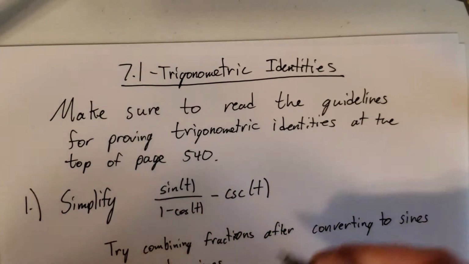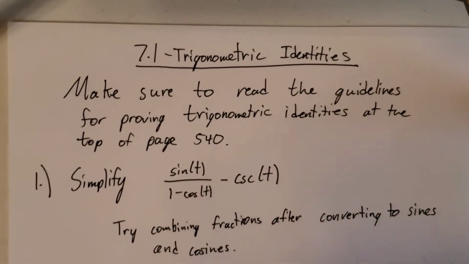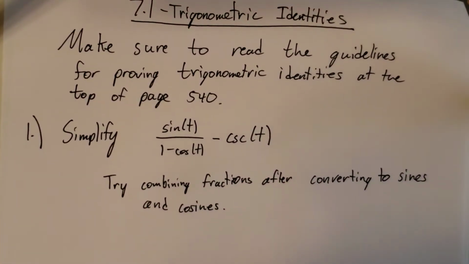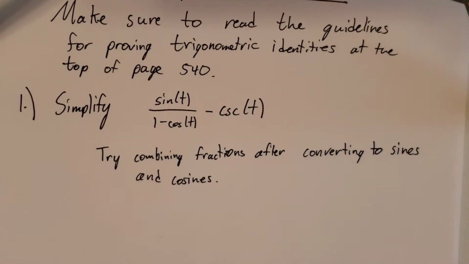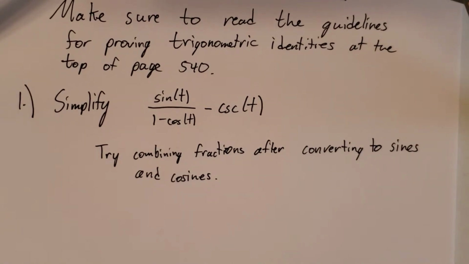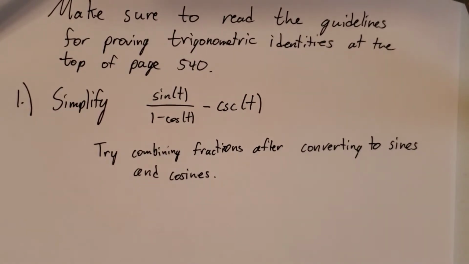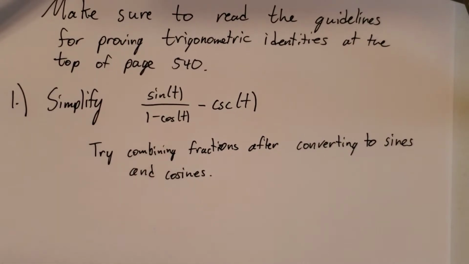Usually, this idea of converting to sines and cosines is a good place to start, but it's not always the best approach. But I think it will be in this particular problem. So, let's try that out.